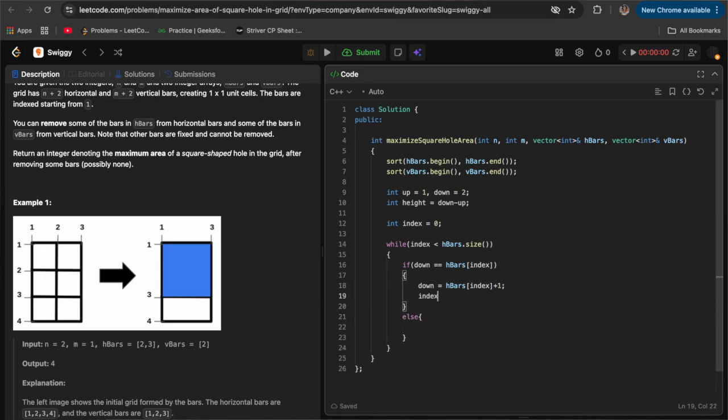And then if it isn't the case, if down isn't equal to h bar at that index, then what I have to do? If I can't remove that down bar, then take h bar at that index, make my down bar equal to that plus 1, but before that make my up equal to h bar index minus 1, because basically I can't remove that bar, okay.